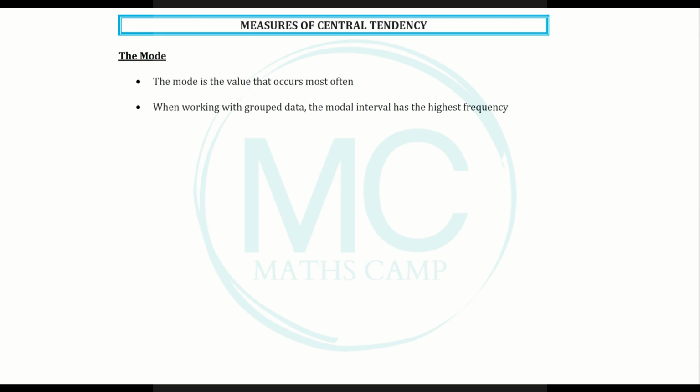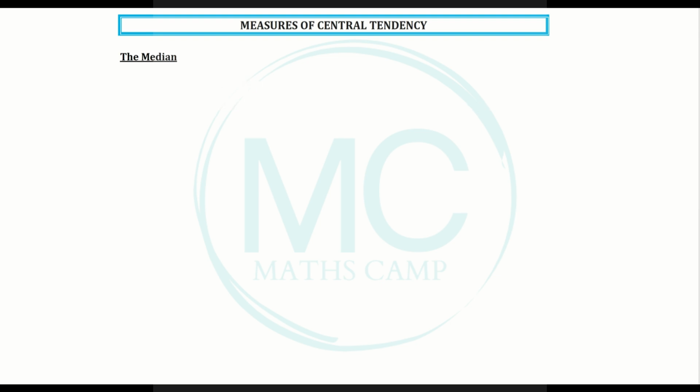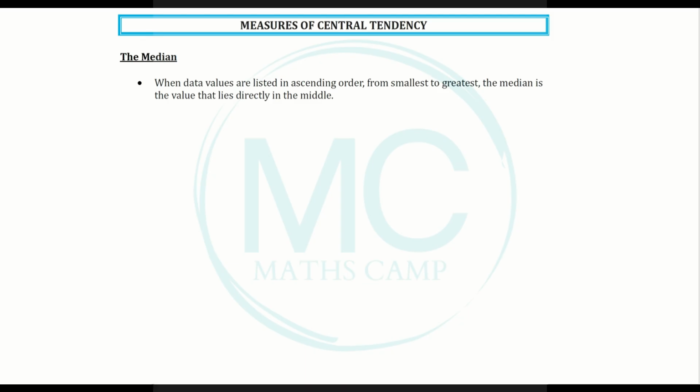Now we can move on to the median. When data values are listed in ascending order from smallest to greatest, the median is the value that lies directly in the middle. The way we find the median in a data set depends on whether we have an odd or even number of values.